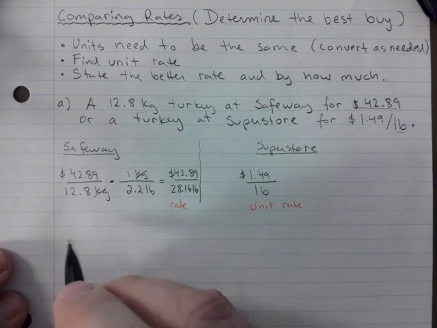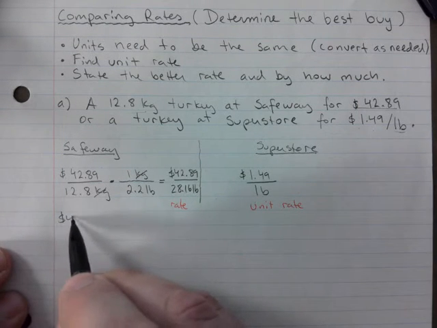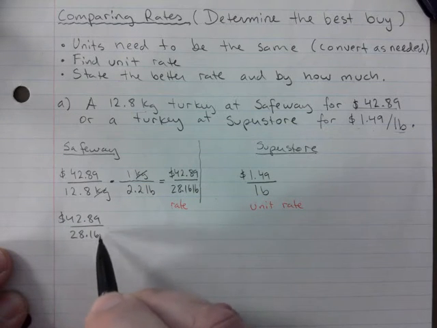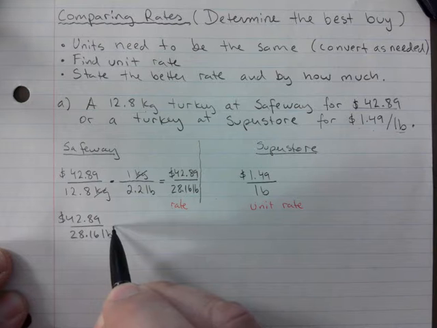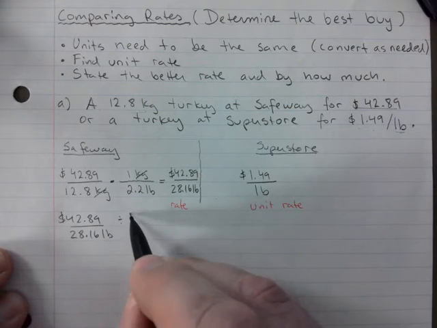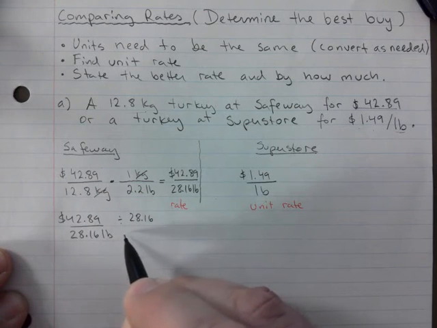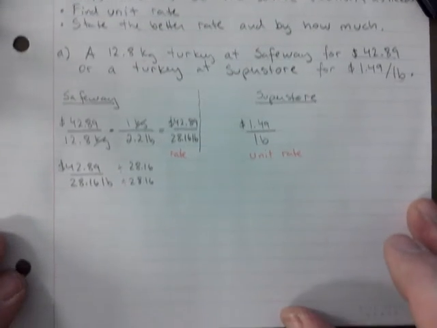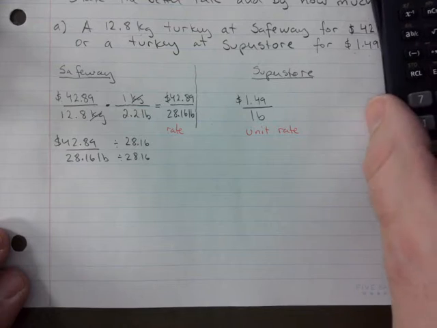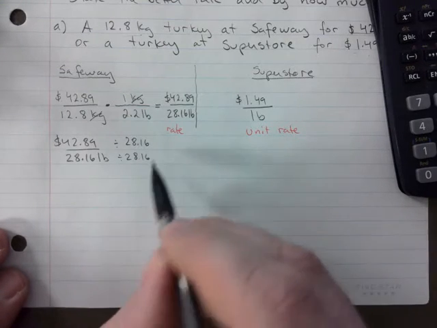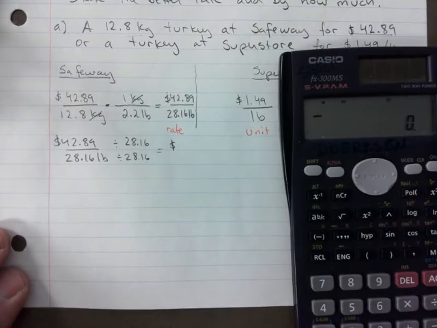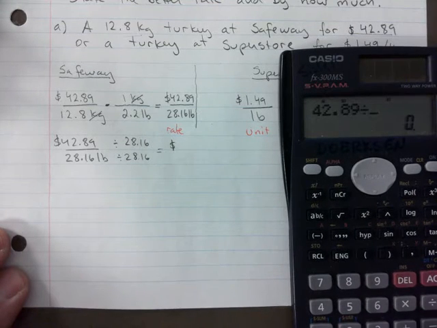Okay, so let's just do one more line. And I'm going to divide both of them by 28.16. And so that gets me 42.89 divided by 28.16.